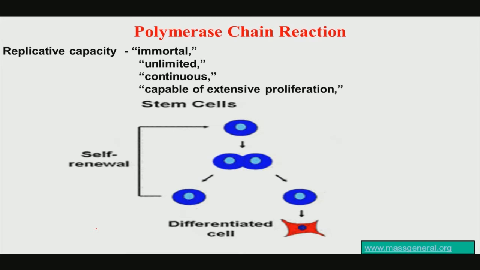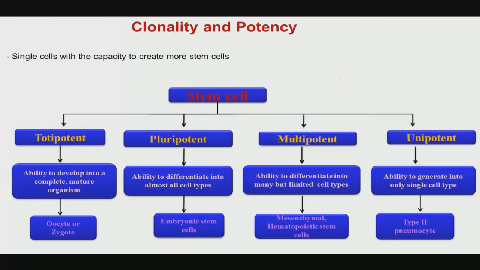Self renewal means that it can undergo normal proliferation to produce a number of cells while maintaining the stemness, and this is possible because stem cells have the replicative capacity. Like any other cell types, stem cells also have a replicative capacity, otherwise you cannot call it a cell. So, it is capable of extensive proliferation while maintaining the stemness, and this is immortal, unlimited and continuous.